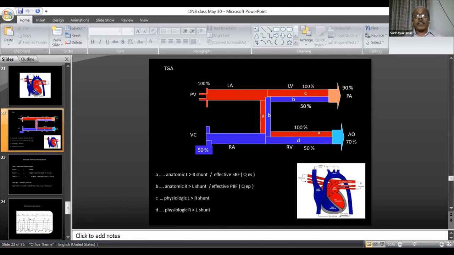And the venous blood coming to the right heart goes to the left heart. So, anatomical right-left shunt, and that will go to the pulmonary artery for oxygenation. So, the effective pulmonary blood flow. This blood, which is going straight without any shunting anatomically to the aorta, is venous blood going to the aorta, the physiological right to left shunt.